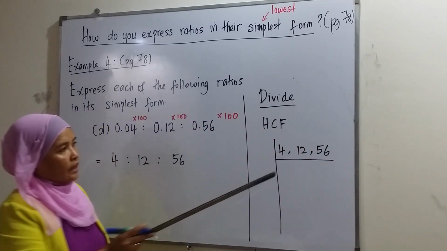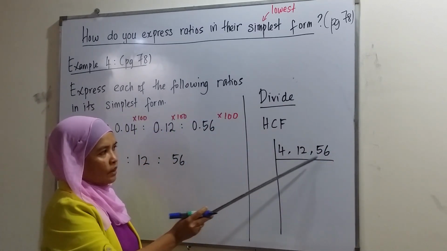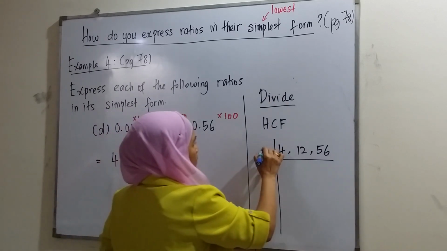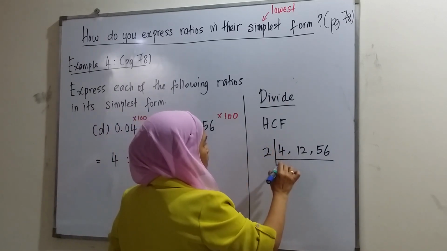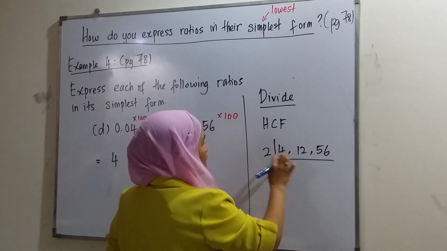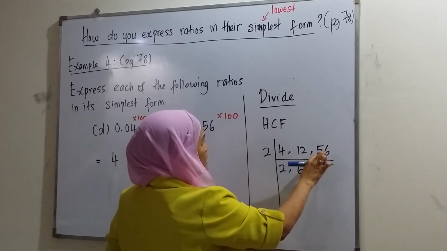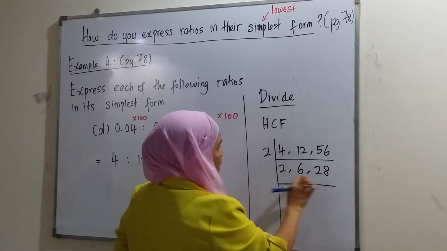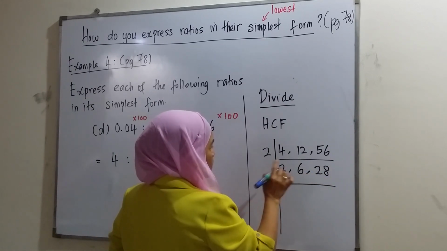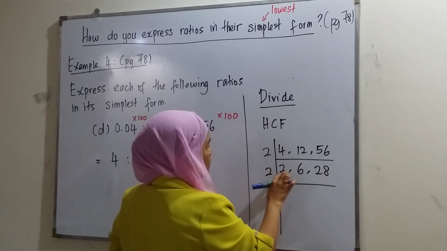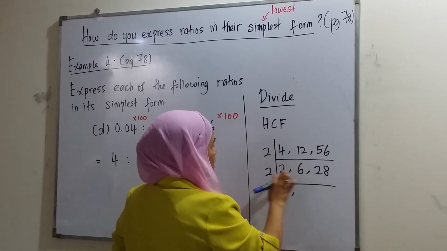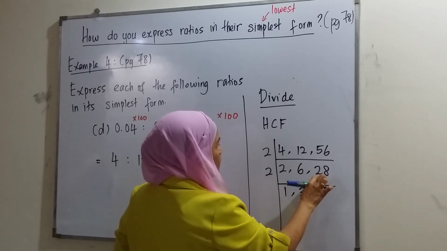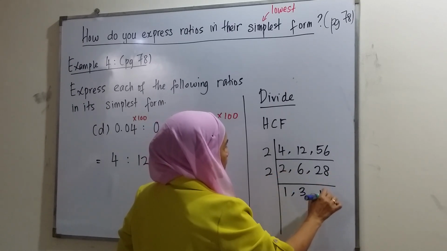Okay, look here. This is an even number, so automatically can divide by 2. 4 divided by 2, 2. 12 divided by 2, 6. 56 divided by 2, 28. All even numbers, so automatically divide by 2. 2 divided by 2, 1. 6 divided by 2, 3. 28 divided by 2, 14.